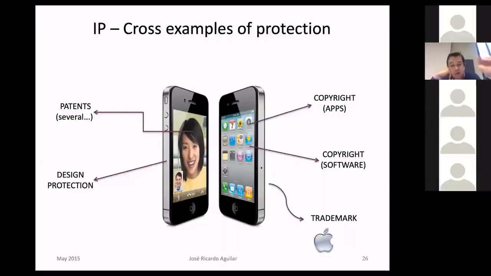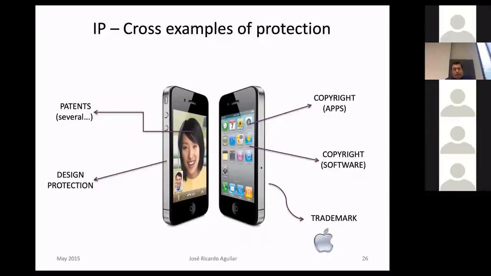Then we can have the design protection of the external appearance of the mobile phone. Then a trademark. This case is not the most relevant one with regard to trademark because this brand is very, very well known worldwide. But if you think about any competitor of this one, you see that the trademark is always very visible. It is there to catch your attention. So it's very important, that part as well.